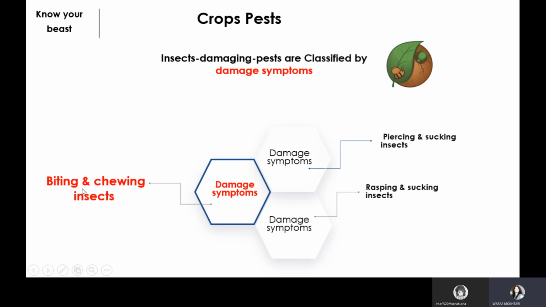It may be an insect that is biting and chewing, and those are classified as biting and chewing insects. It may be a piercing and sucking insect, and those are the piercing insects. And it may be a rasping and sucking insect. We will see each of them with an example. Okay? So let's start with biting and chewing insects.